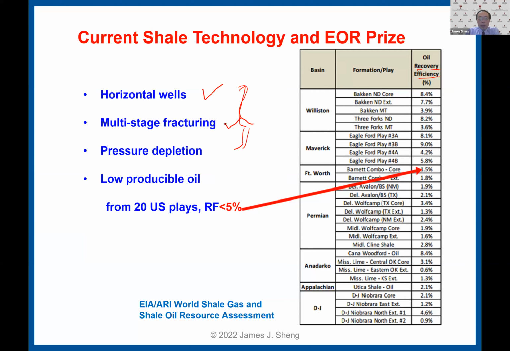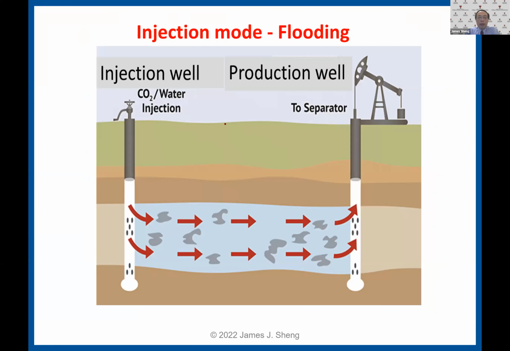So the next question is, what kind of EOR method could be practical? Before that, let me briefly explain what flooding mode is, and how we are going to produce oil, for some people who are not in the petroleum discipline.